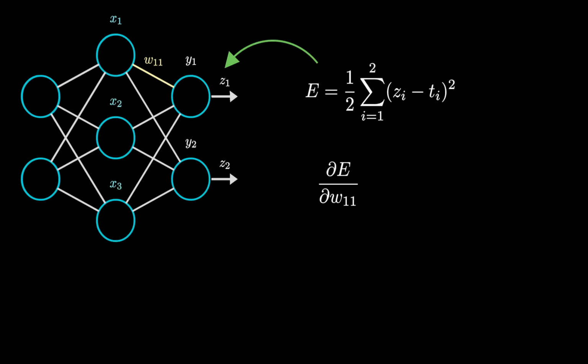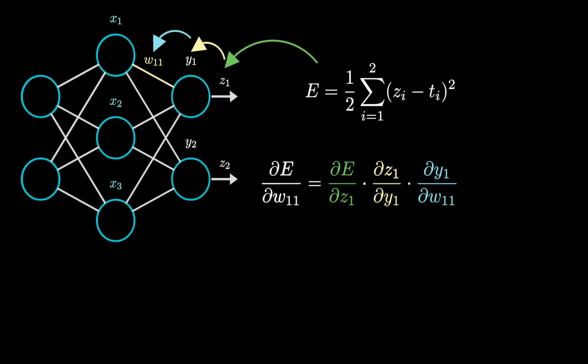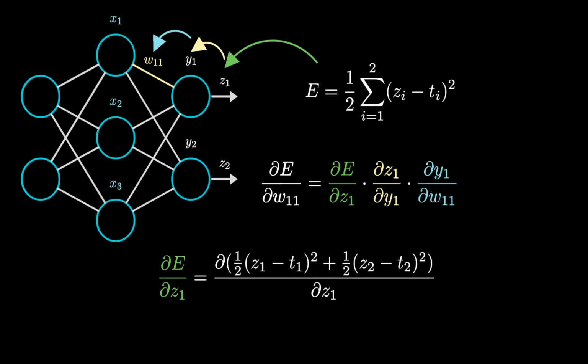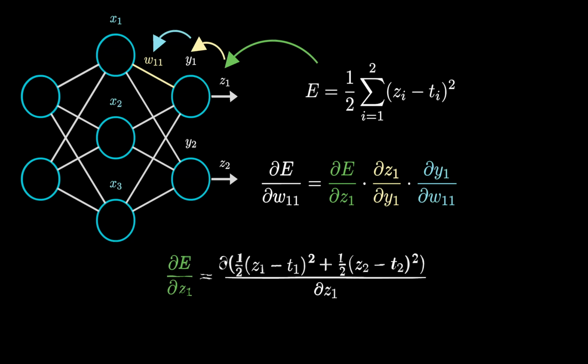As shown by the arrows, we first calculate the change of the error function with respect to the activated output, then the change of the activated output with respect to the raw output, and finally the change of the raw output with respect to the weight. This step-by-step process allows us to determine how weight affects the overall error. With this breakdown, we can now easily compute each of these components.